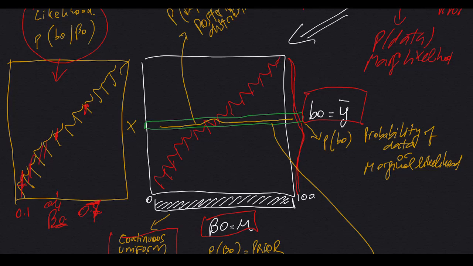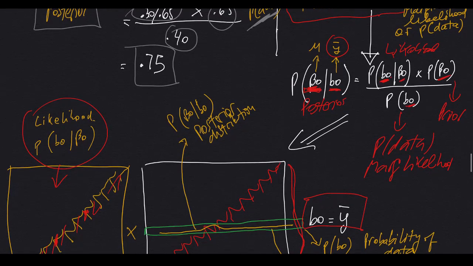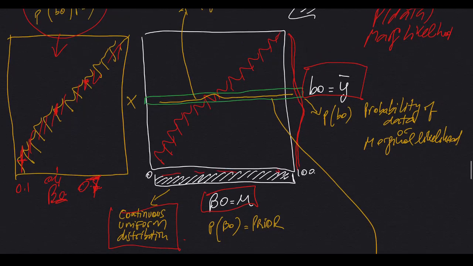Now, we've got these distributions here and the prior here, and the formula tells us that we need to multiply the likelihood and the prior. So by multiplying these values with these values, we obtain these new values here.